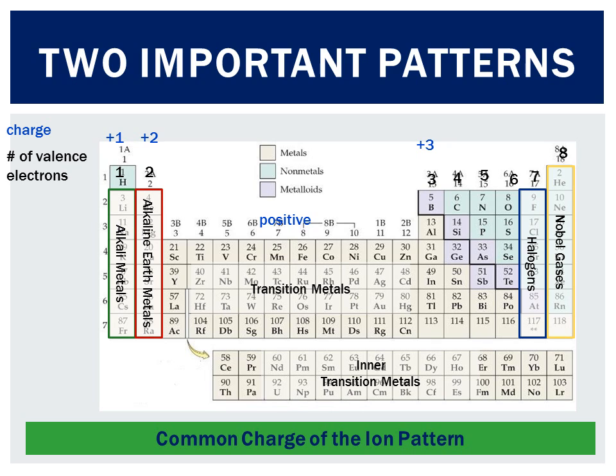Now this column here is interesting because it could either lose 4 to have 8 or gain 4 to have 8. Both of them are possible. So this column could have a plus or minus 4 charge depending on other circumstances. One or the other is more or less likely, and we'll talk more about that later this week.